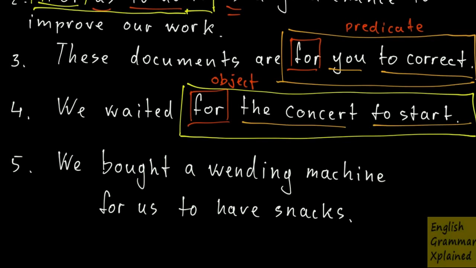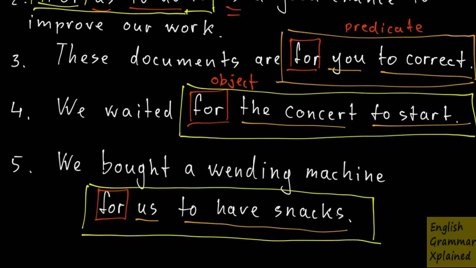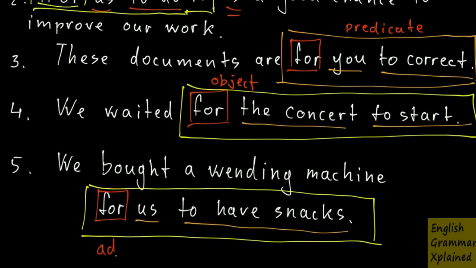So, what do we have here? We have preposition, then we have object number 1, and then object number 2. And this is, yes, this is my for-to-infinitive structure, or for-to-infinitive complex. And here is the part of predicate, or, if you like, buzzwords, it is an adverbial of purpose.